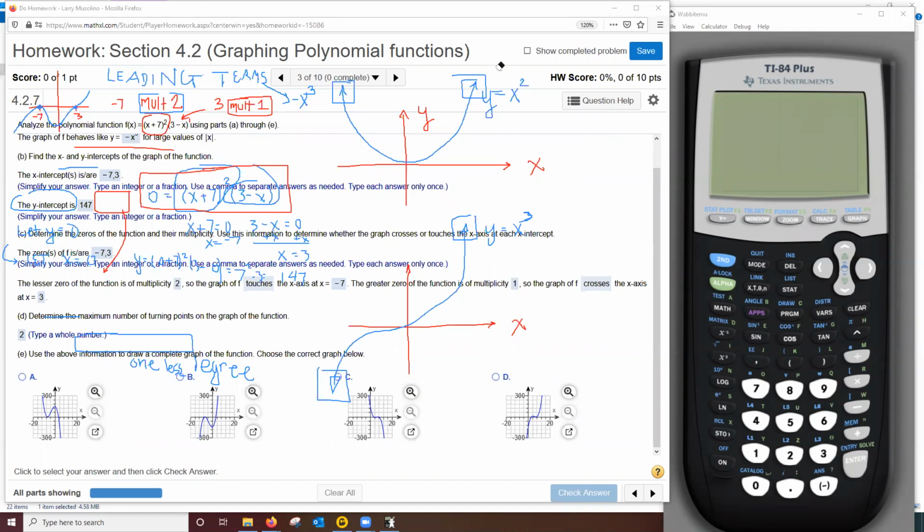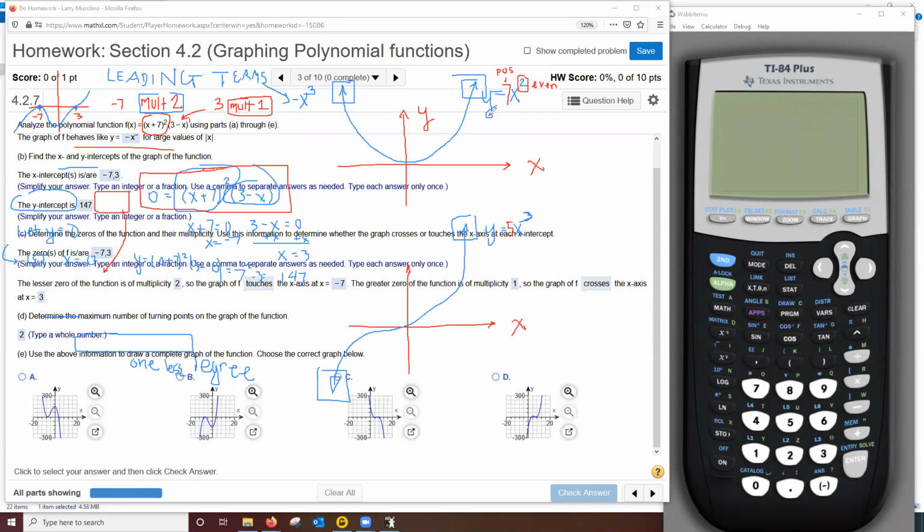I'm going to make this y equals 7x squared, let's say. And I'm going to make this y equals 5x to the 3rd. Okay? Now, if the degree is even, so here's an even degree, and if the leading coefficient is a positive number, 7 here is a positive number, then the graph is going to look like this parabola that opens up.